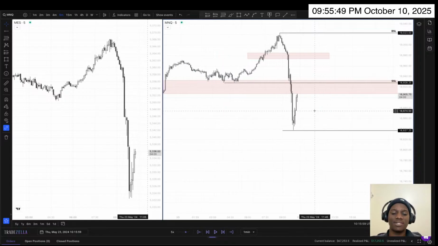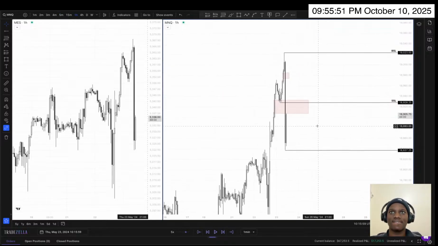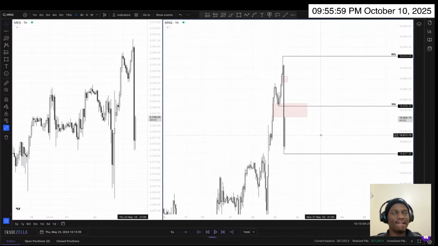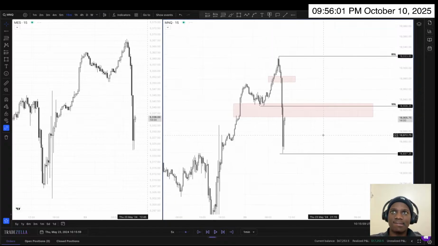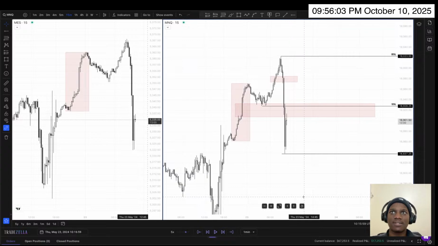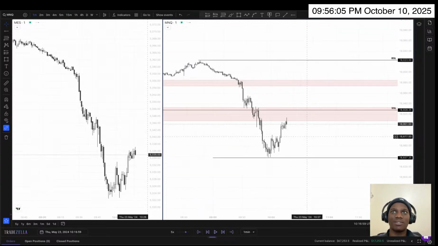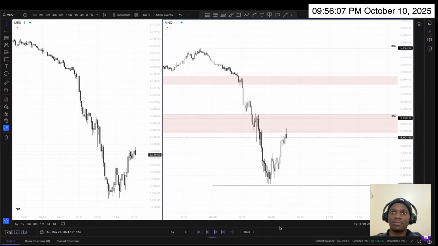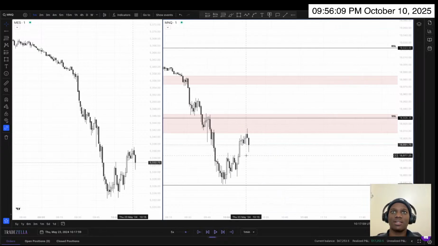Alright, now we've inversed the gap. The 15. So what's this? Is it like a new day open gap? Alright, so we reversed the 15-minute fair value gap there. We can inverse this thing, then I can take a sell.